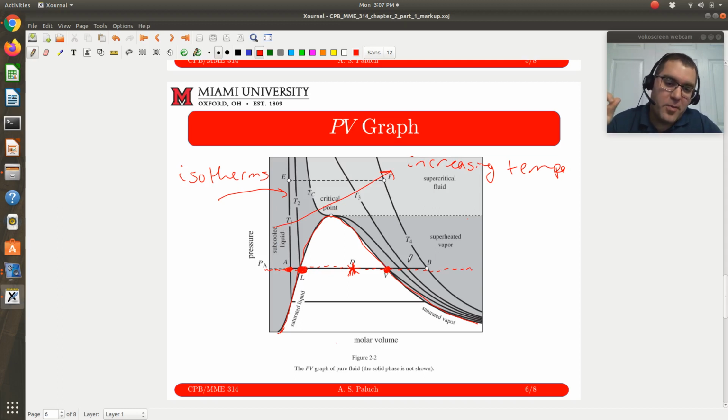If I go through the same thought exercise on the right, we call this a superheated vapor. Why? If I'm at point V, I have a saturated vapor. If I keep pressure constant and increase my temperature to move to that next isotherm, I'm moving into that single phase vapor region. Compared to my vapor at saturation, keeping pressure constant, I need to increase temperature, so it's superheated.